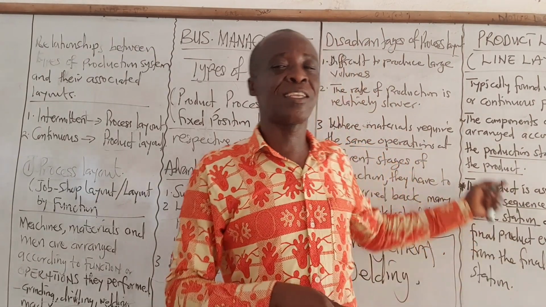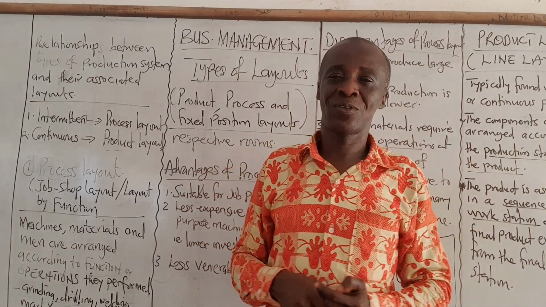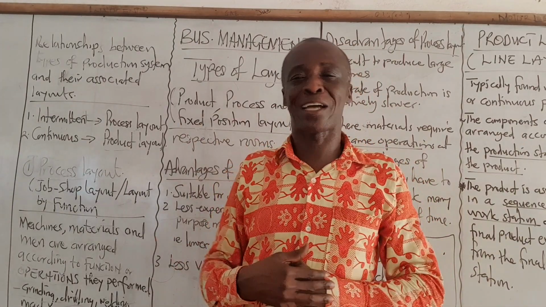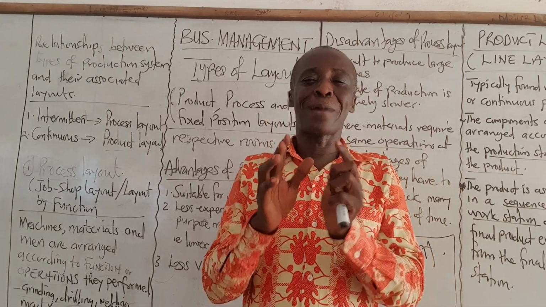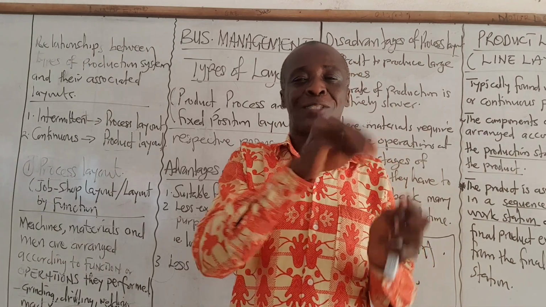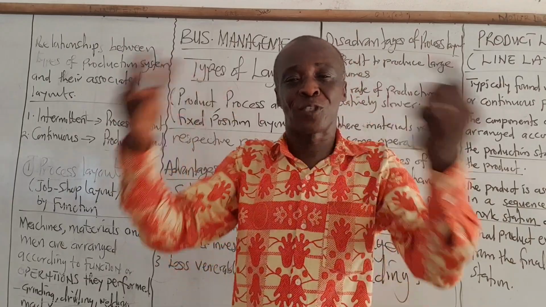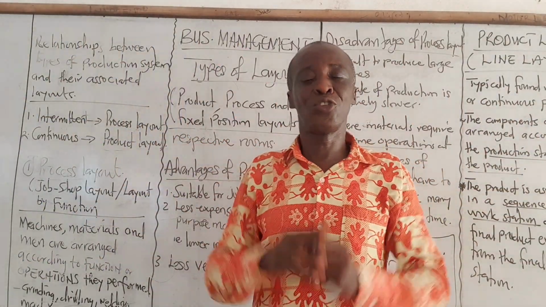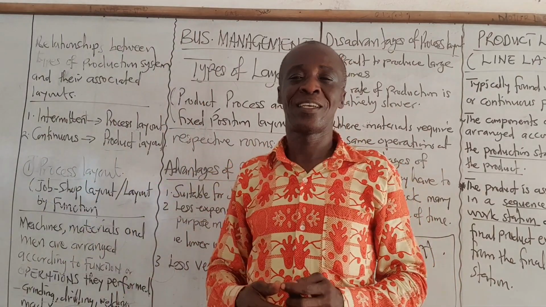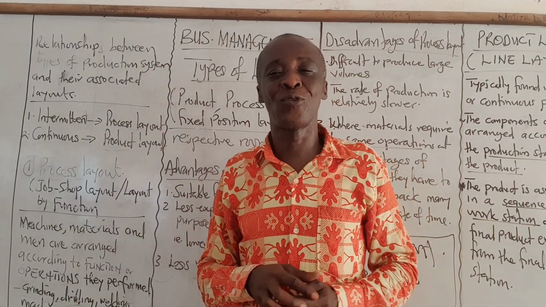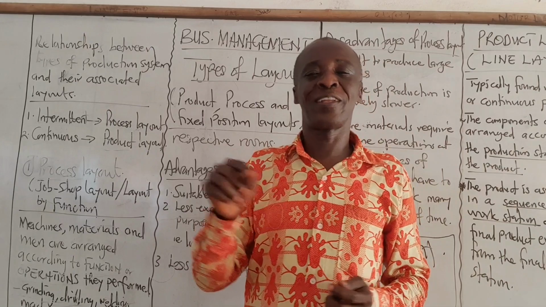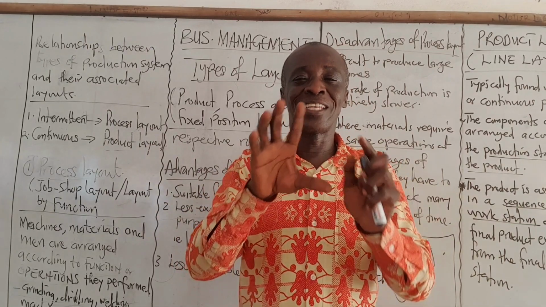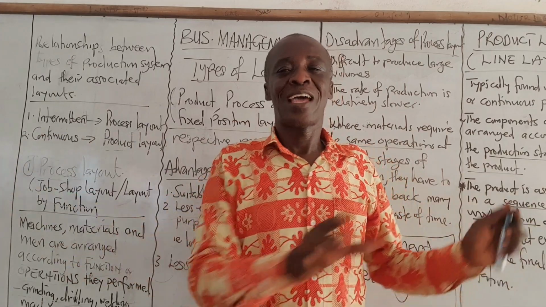But in the product layout, where you are using specialized machines, if a particular workstation is spoiled, the entire machine will be shut down. You cannot operate it. The one I gave you in respect of the manufacture of cassava, look at it, you see, they are not separated.